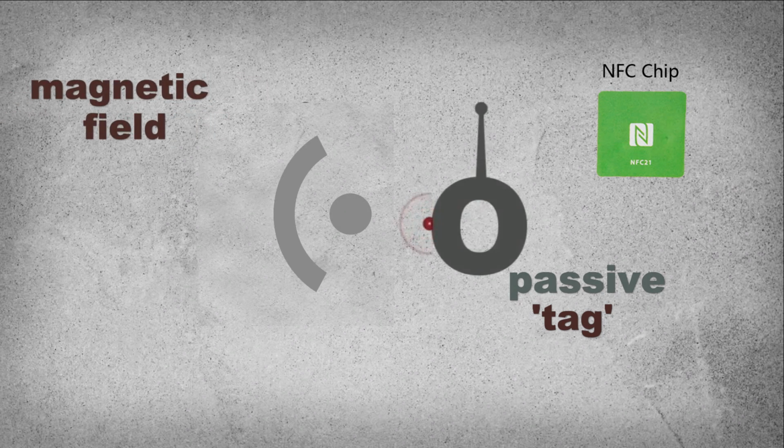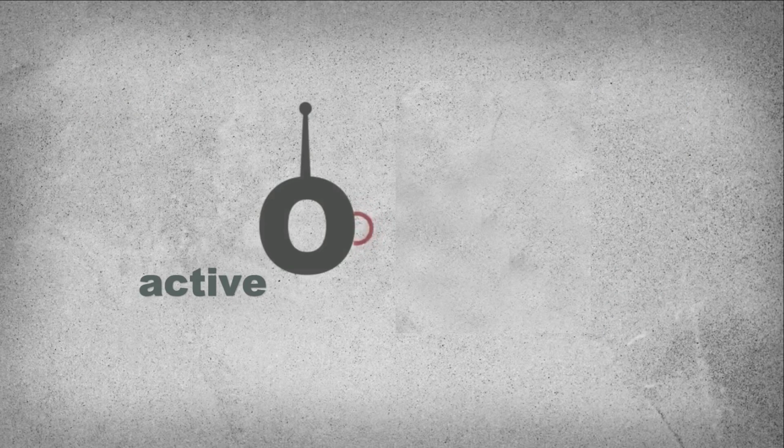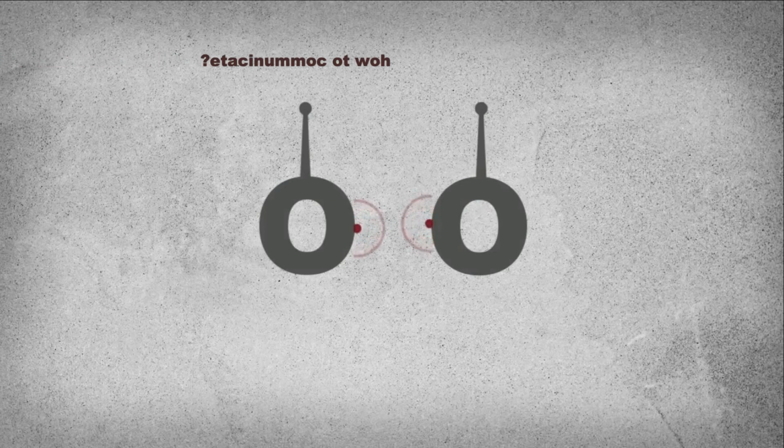The active device can utilize this electromagnetic field to power itself and start the communication. Moreover, the active device can be powered by other electrical sources besides passive NFC devices. During NFC communication, the passive devices can only send information out, while the active devices can send and collect data through electromagnetic induction.